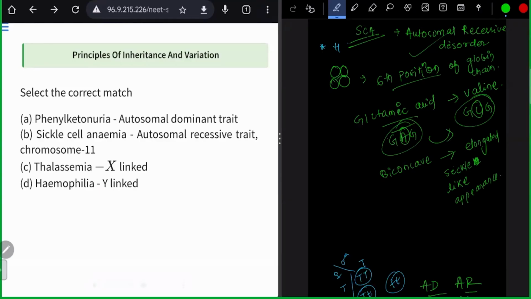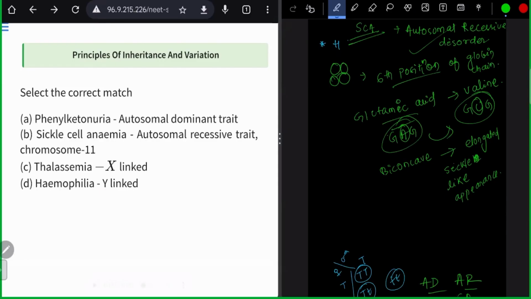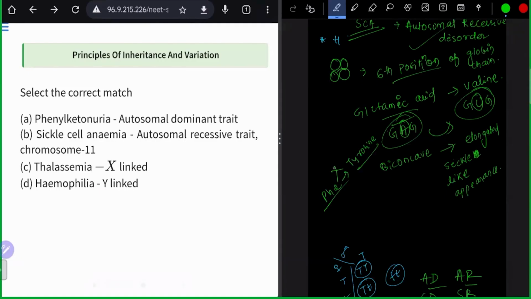In phenylketonuria, the person lacks one enzyme, the enzyme which converts phenylalanine to tyrosine. This enzyme is not present, so there is accumulation of phenylalanine in the brain, which leads to mental retardation.